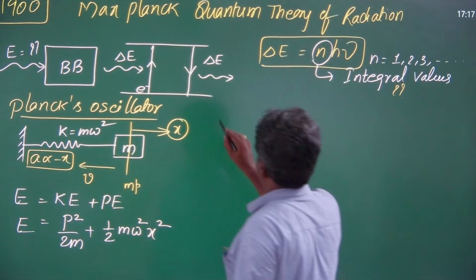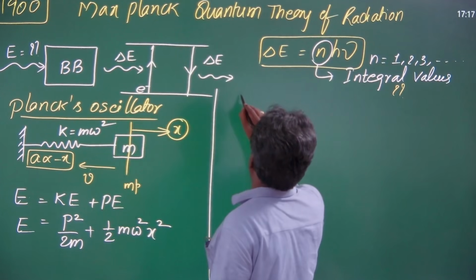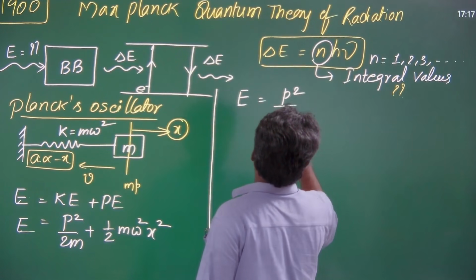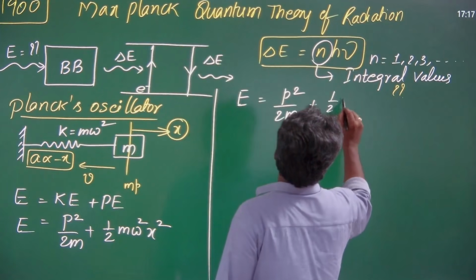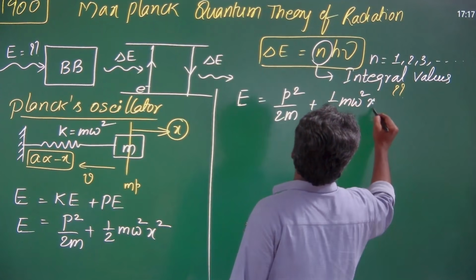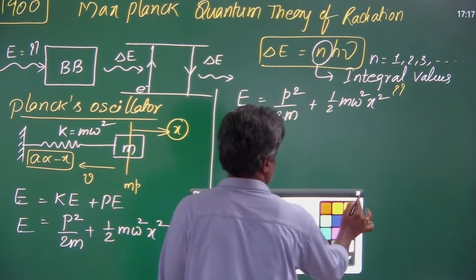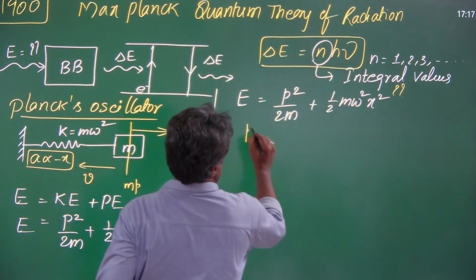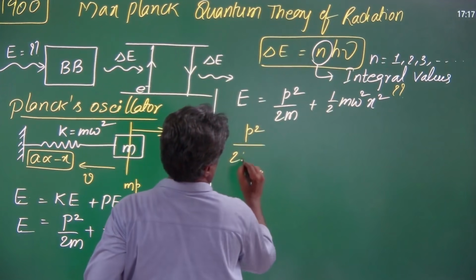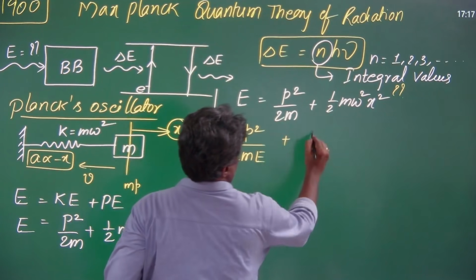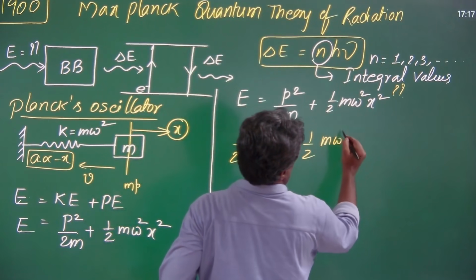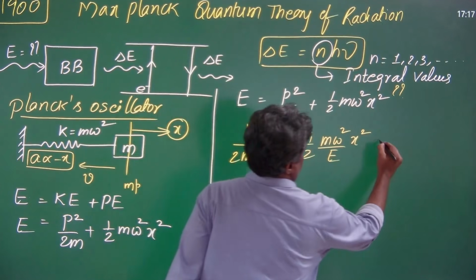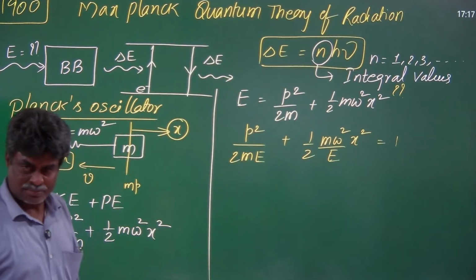Now I take this total energy again: E equals p square by 2m plus half m omega square x square. Please divide this entire thing by E. Then p square by 2mE plus half m omega square x square by E is equal to 1.